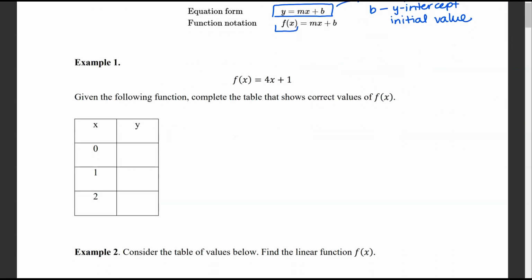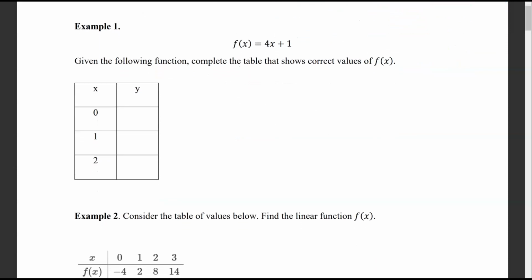Let's look at a couple of examples. So given the following function, complete the table that shows the correct values for f of x. So if I have the function f of x is equal to 4x plus 1, I'm trying to find the y values or the output values, right? So this is our f of x values. So we're just going to go ahead and plug in 4 times 0 plus 1. This gives us 1.